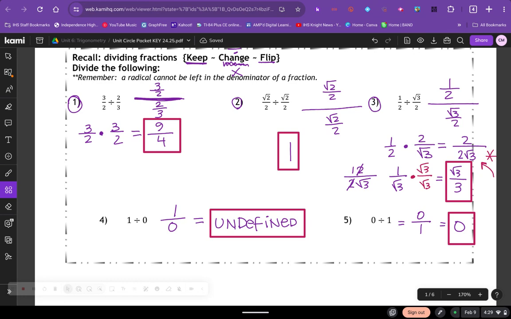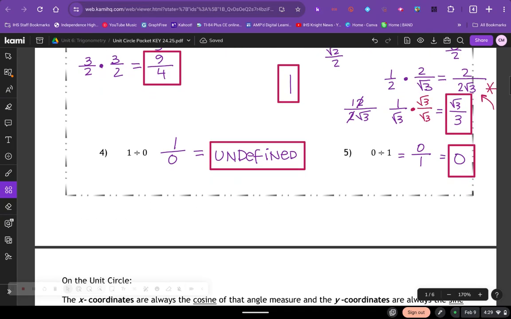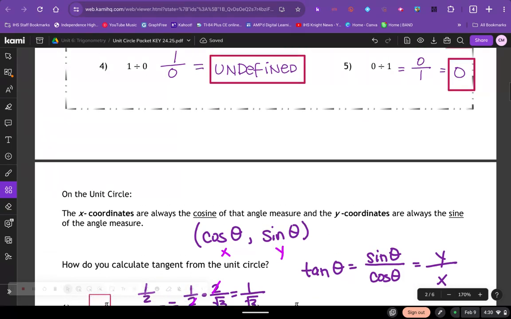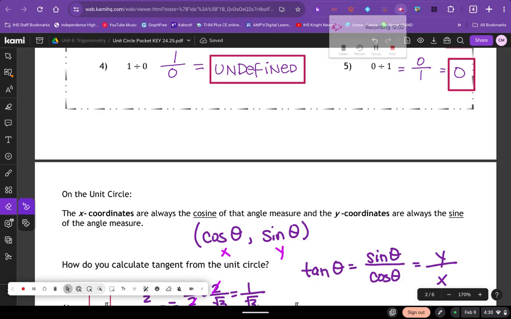You can't do it. It tells you it's undefined. But if you put 0 divided by 1 into the calculator, it will tell you the solution is 0. Okay, we need to use those skills in order to move forward and be able to find the tangent of our angle measures.